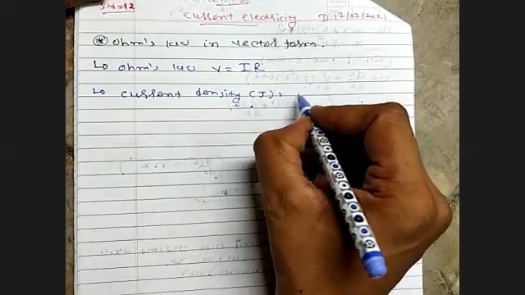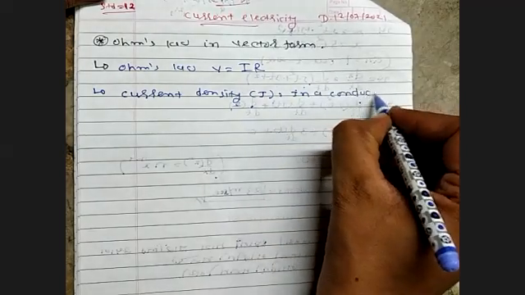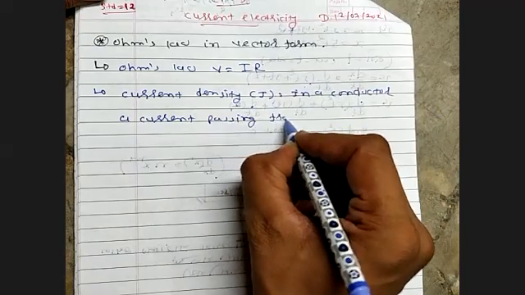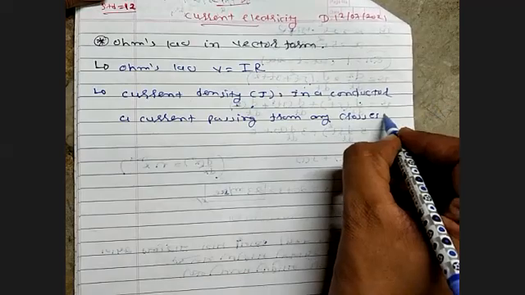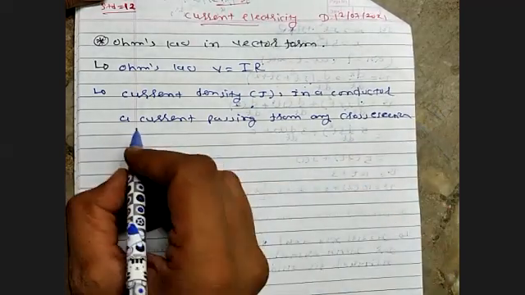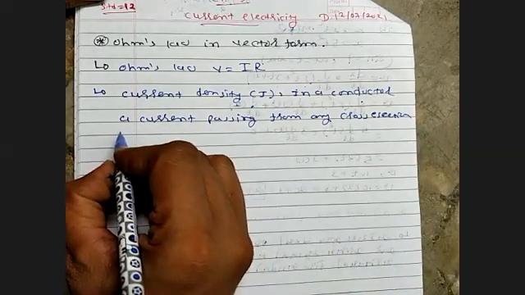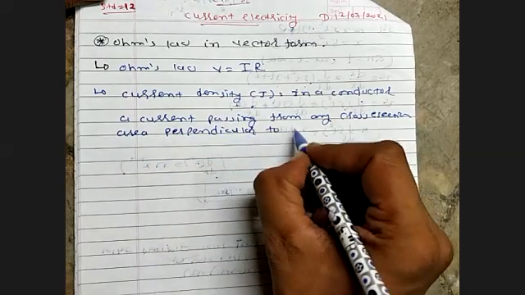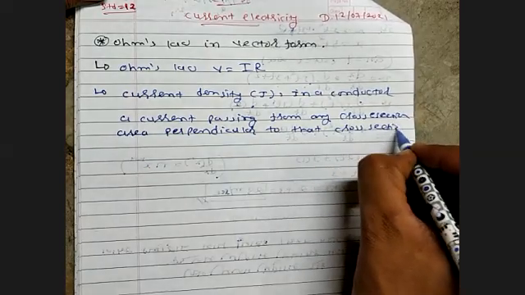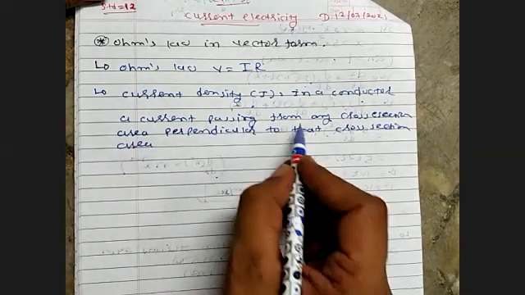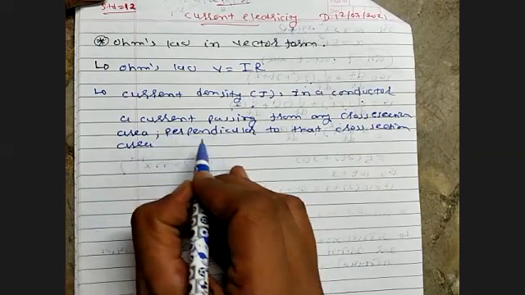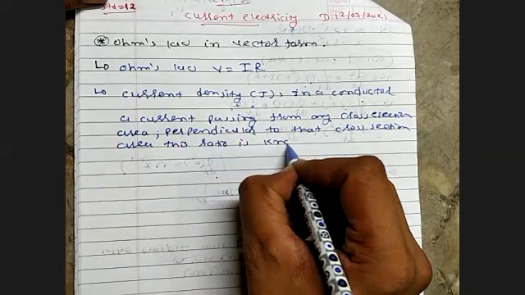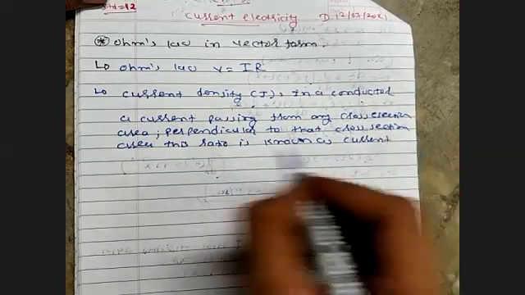So how does it deal with that? In a conductor, the current passing through any cross section area, perpendicular to that cross section area, this ratio is known as current density.